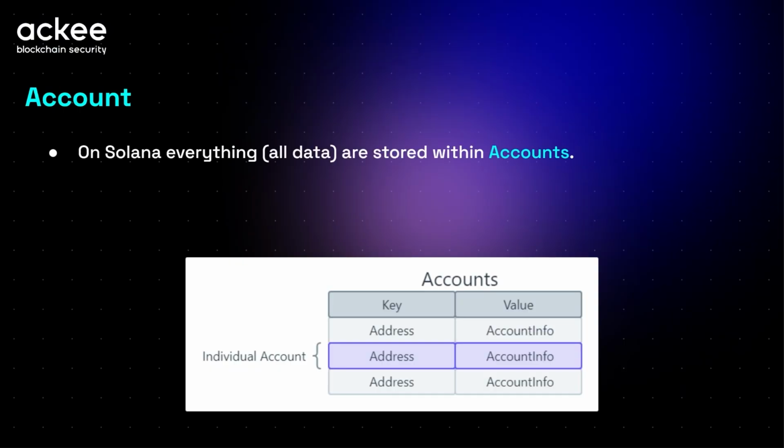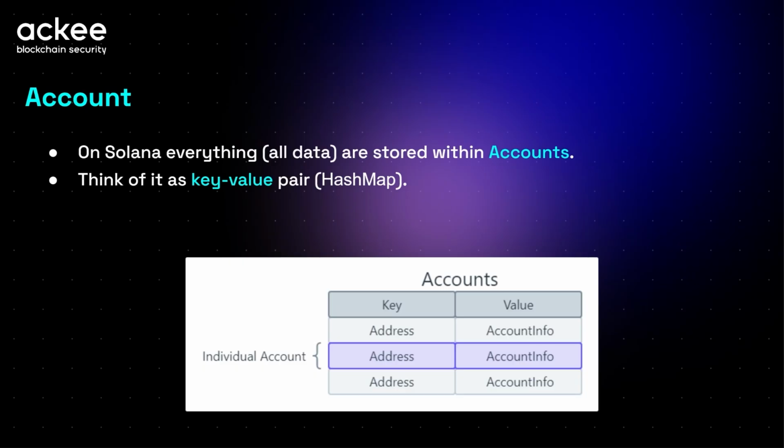On Solana, all data, all programs and wallets are stored within accounts. You may have already heard this, it is always said that on Solana everything is an account. And it is true. So everything is an account, compared, for example, to everything is a file. Think of it as a key-value pair. For example, in Rust it is called a hash map, but this is just an example. I wouldn't like to compare it directly to hash maps.